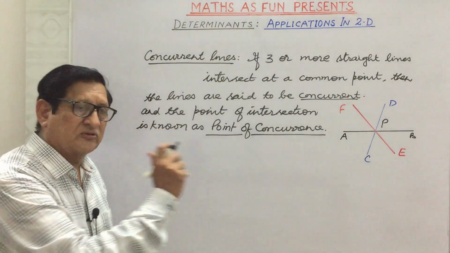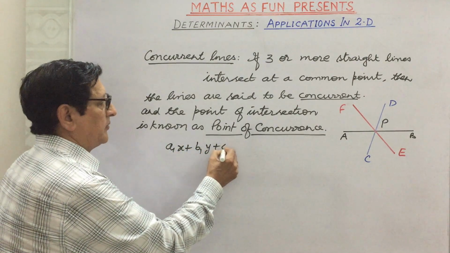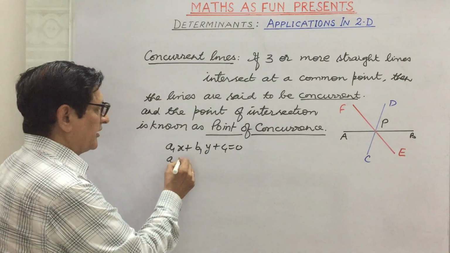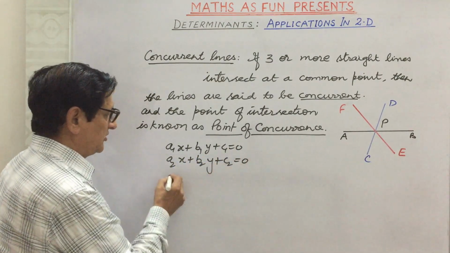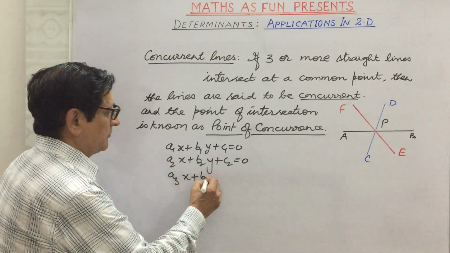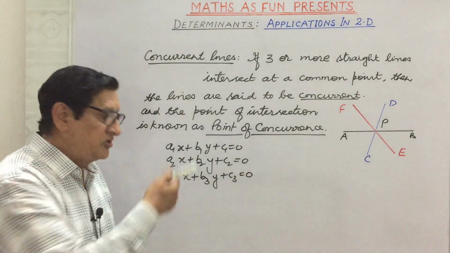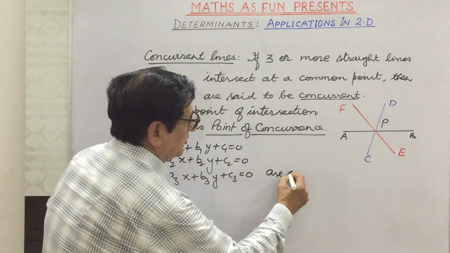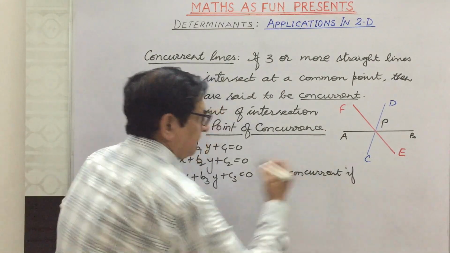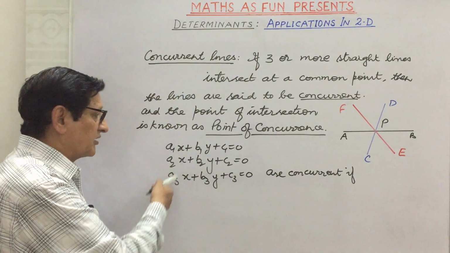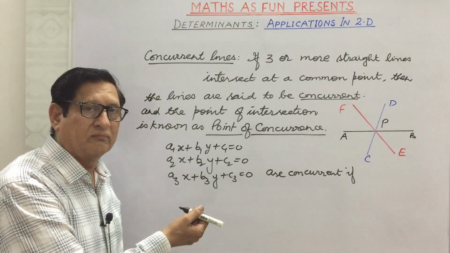Now suppose we have 3 straight lines A1x plus B1y plus C1 equal to 0, A2x plus B2y plus C2 equal to 0 and A3x plus B3y plus C3 equal to 0. These 3 lines are concurrent if the determinant with the coefficients and the constant term is equal to 0.